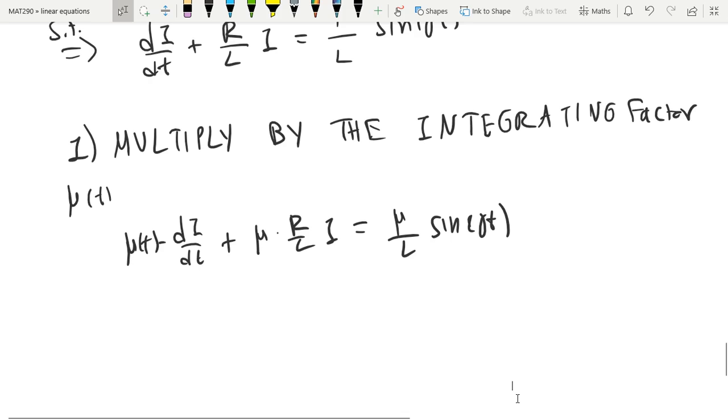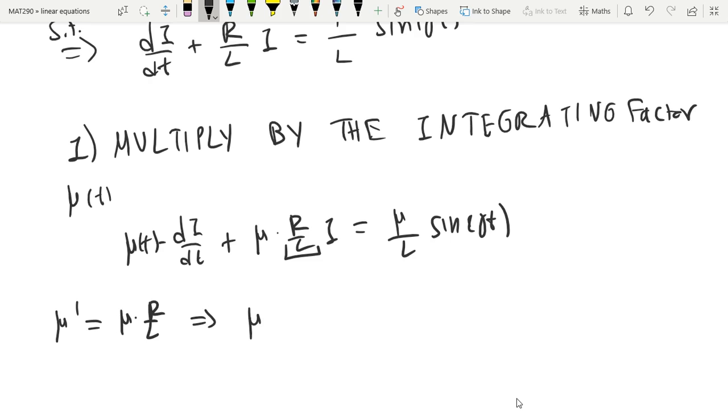So you don't have to do this every time. Hopefully you know by now that mu prime has to equal mu times R over L. So you always get mu of t is the integral of this coefficient p(t).